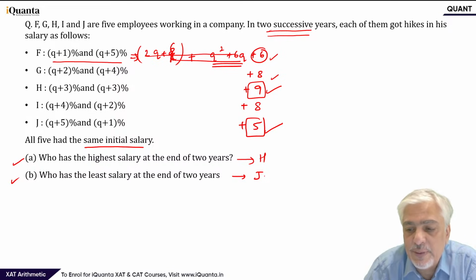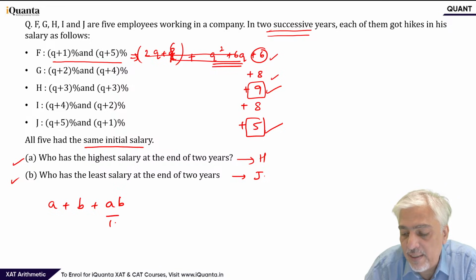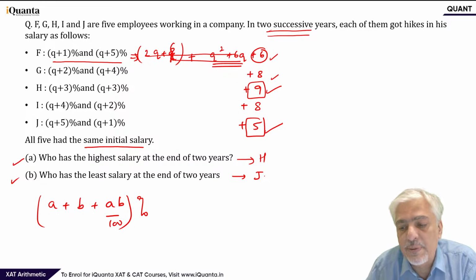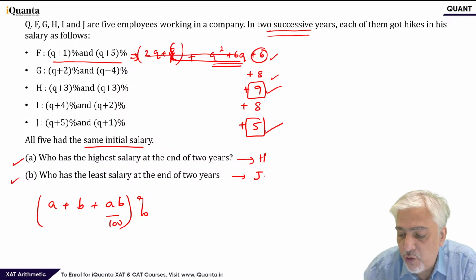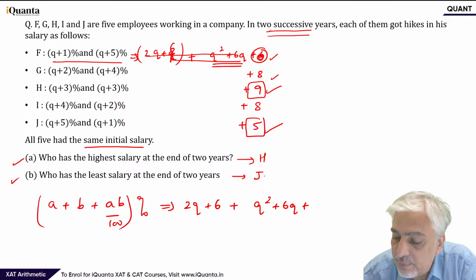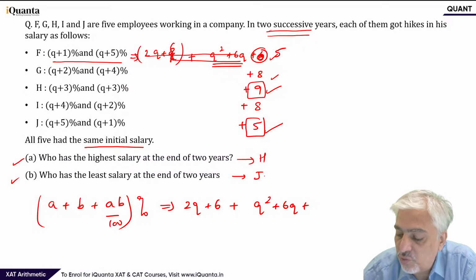If you use the successive percentage change formula over here, what will you get? The successive percentage formula is A plus B plus AB by 100. Pay attention, everybody. This is the successive percentage change formula. If I apply it for F, what will I get? A plus B will be 2Q plus 6. Then AB will be Q square plus 6Q plus, sorry, this is 5, my bad. This is 5 plus 5 upon 100.